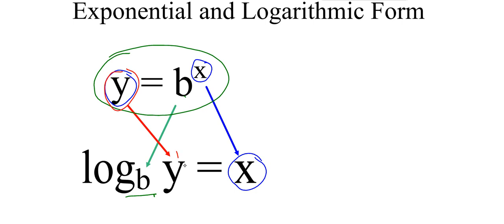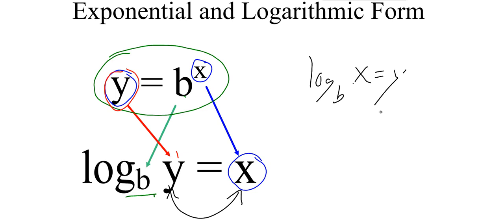Okay, so notice when we're finding inverses, we interchange our x and y's. So if we flip-flop our x and y's, we have log base b of x equals y, which is going to be our parent function of our logarithm graph. So it's a direct inverse of our exponential graphs.